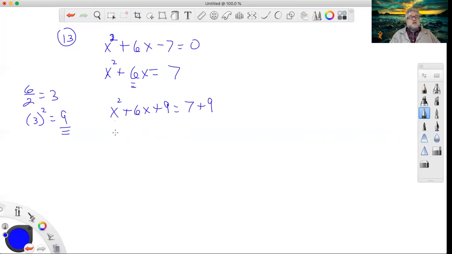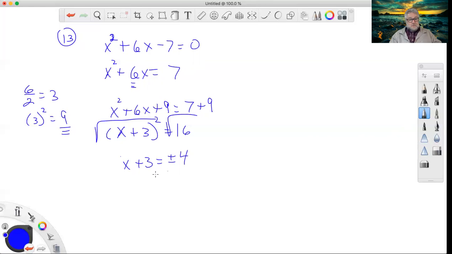So this side is going to come out to be x plus whatever I got when I divided by 2 here. So it's going to be x plus 3 squared equals 7 plus 9 is 16. Square rootify, I'll get x plus 3 equals square root of 16. I know what square root of 16 is.